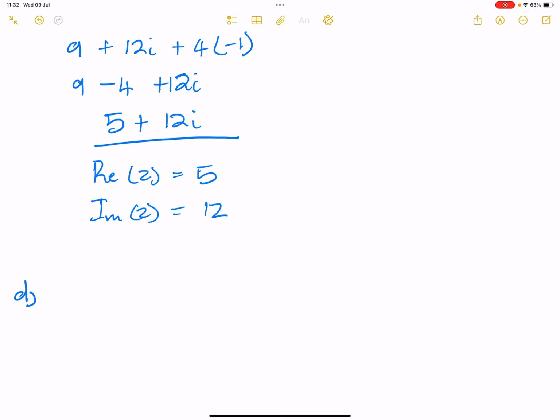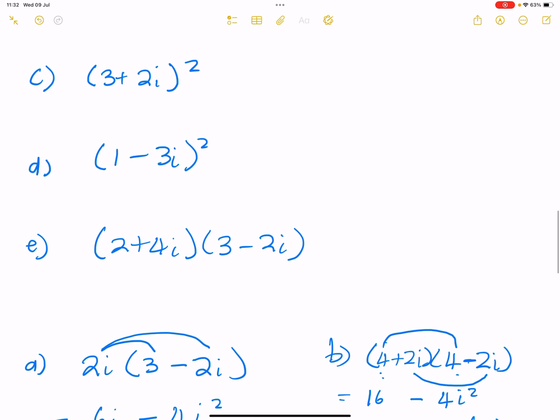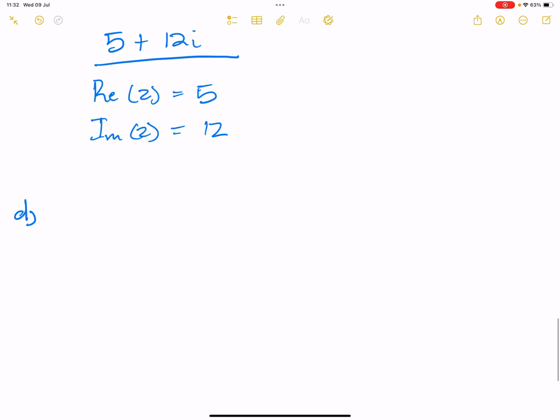Let's see. So I've got 1 minus 3i squared. I'm certain that you guys are going to get this one right. So 1 squared, that's 1. 1 times negative 3, right? That will give us negative 3.